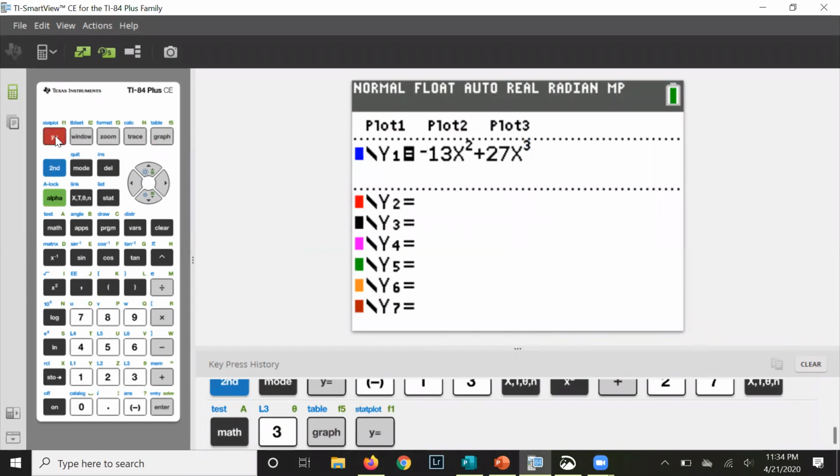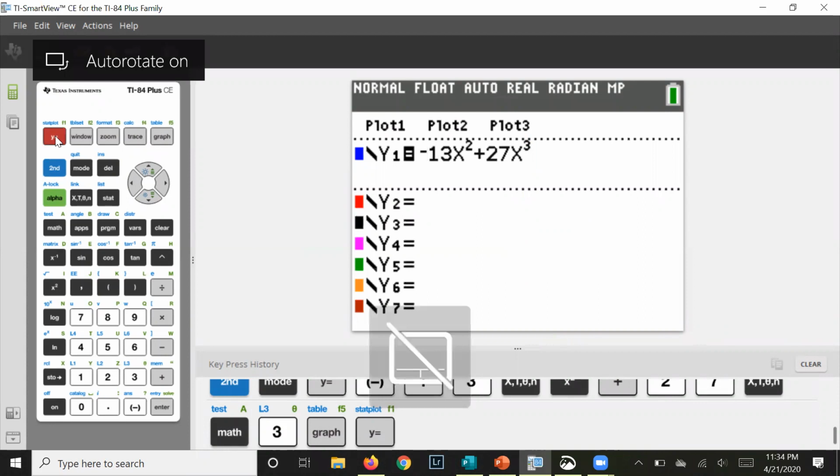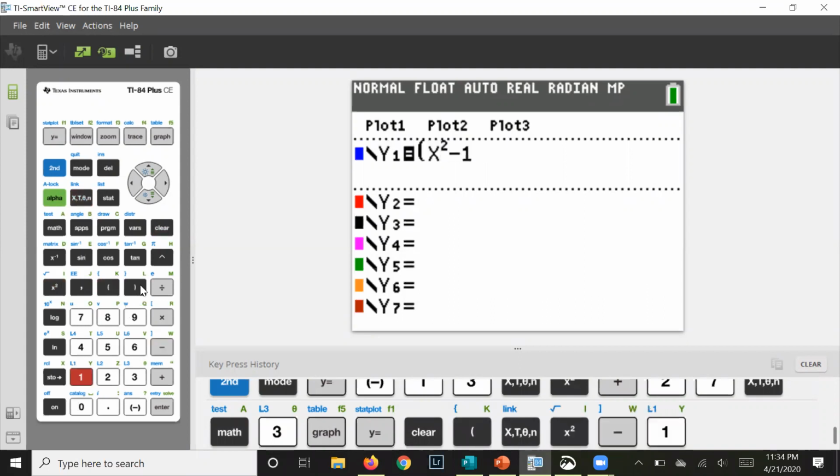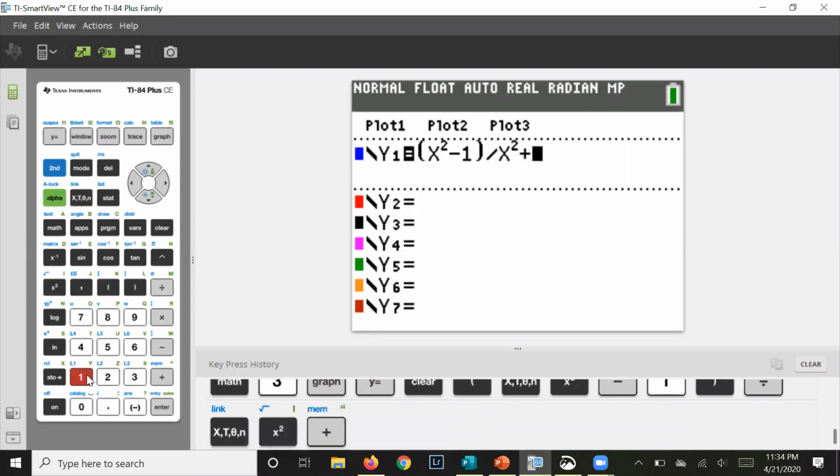So the second function we had there was x squared minus 1 over x squared plus 1. So we'll go ahead and put that into the calculator. Remember, when you're doing this function, you need to be very careful about parentheses. So we'll do x squared minus 1 divided by x squared plus 1. And as I was saying, be careful about parentheses.